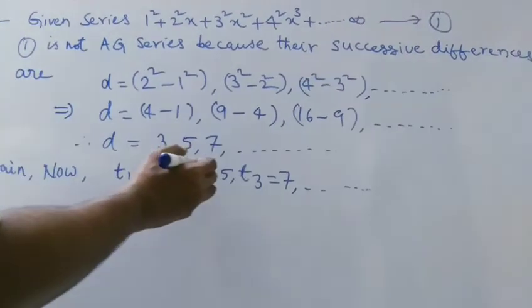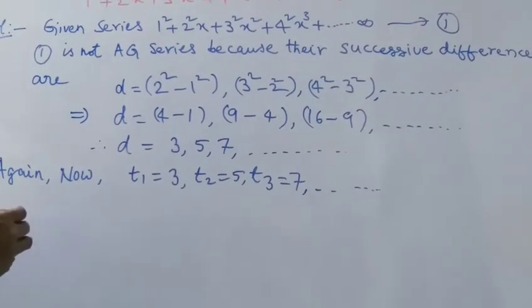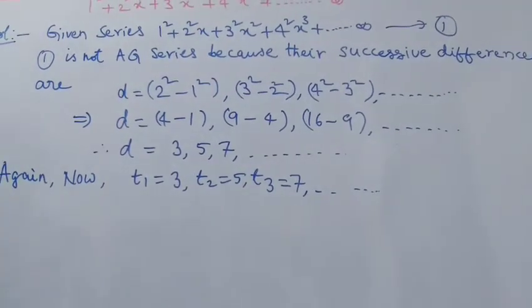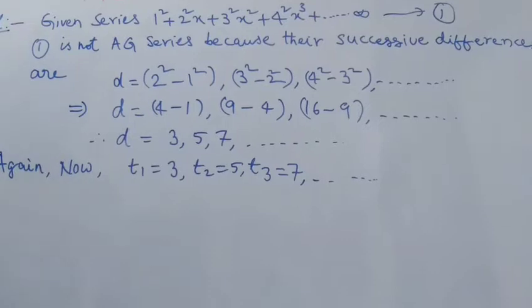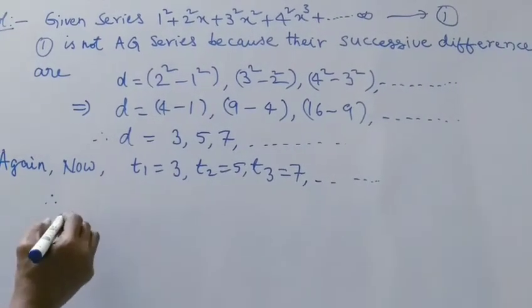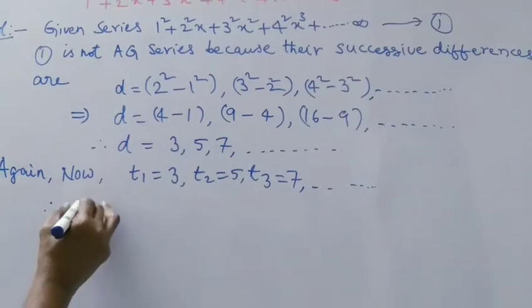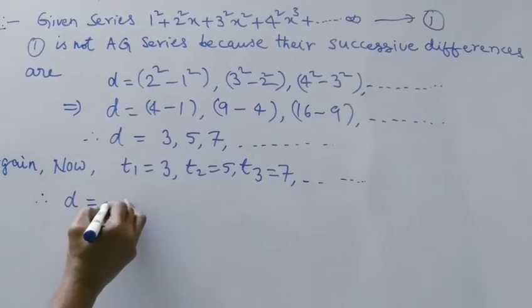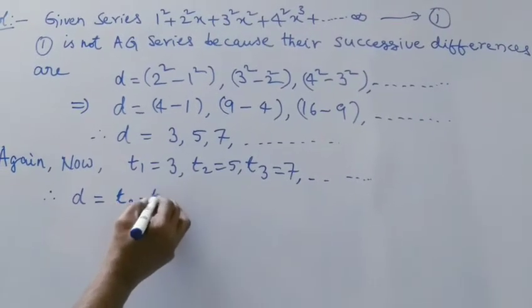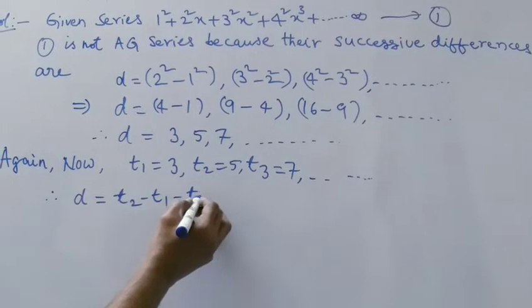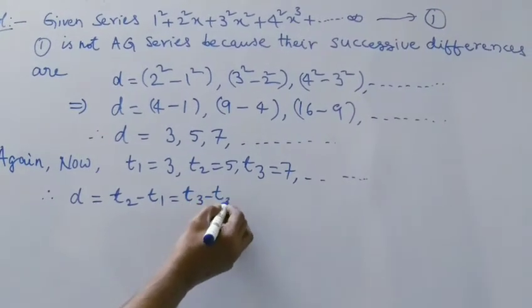Therefore the common difference d is equal to T2 minus T1, is equal to T3 minus T2.